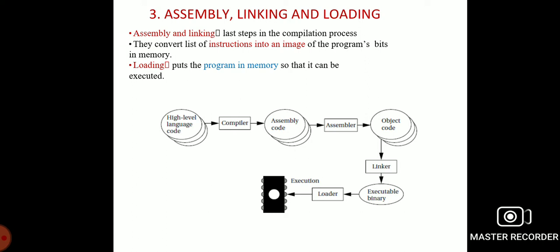So the assembler's main task is translating the assembly code into the object code. The assembler must translate the object code, format the bits in each instruction, and translate the labels into addresses. So what is a label? It is an abstraction provided by the assembler, and it is known as the location of the instructions and data.